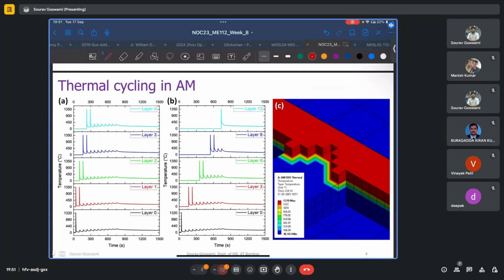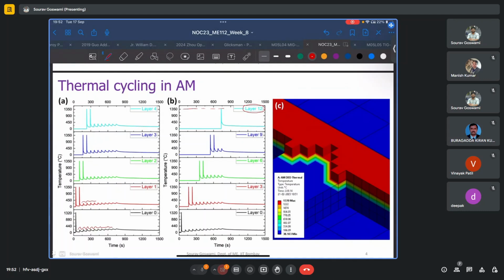So we see these small fluctuations, these small spikes in the temperature. And it will be easier to follow if we come from the top down. So for the final layer that was deposited, or layer 12, we see just this single spike till 1350 degrees Celsius, which was actually the melting point of the material in this case.